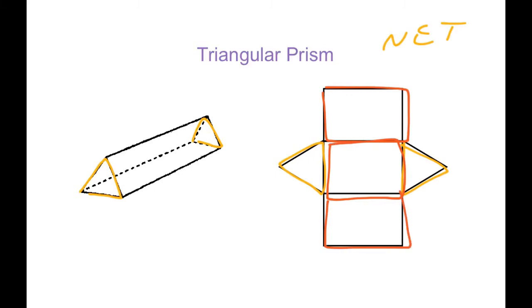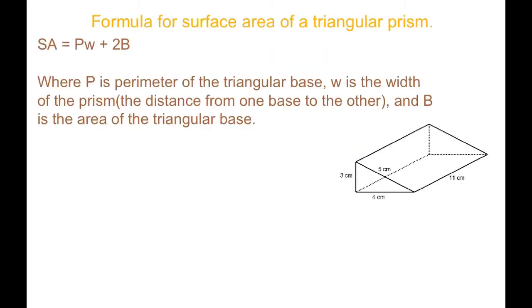Alright, so just like in the rectangular prism, we're finding the area of each of those faces, and we're adding it up. But just like the rectangular prism, we had a little special formula to help. For the triangular prism, we have a special formula to help also. Now, this one's a little trickier. Surface area equals PW plus 2B, where P is the perimeter of the triangular base.